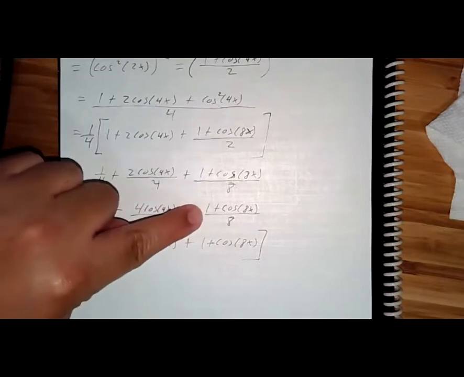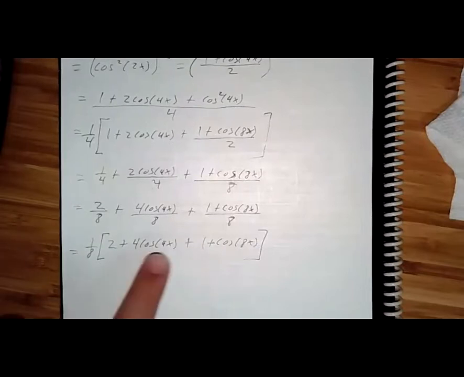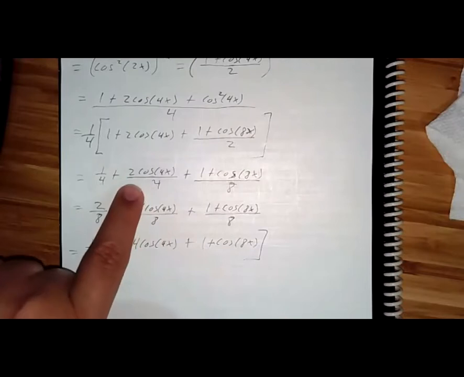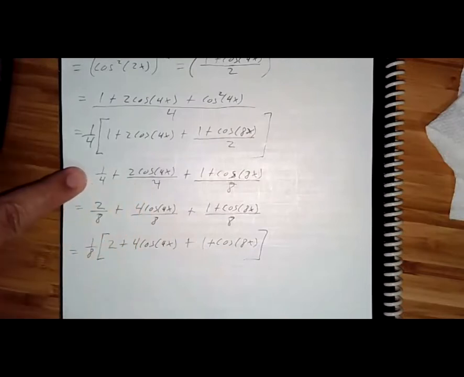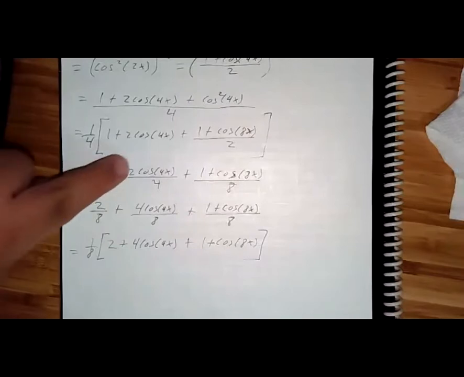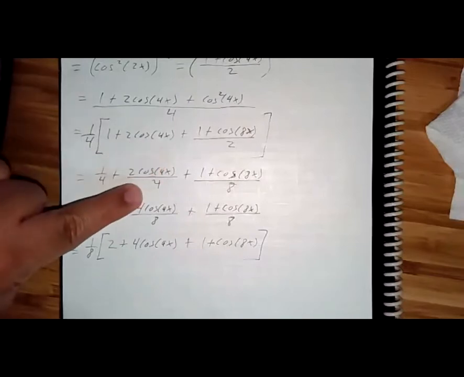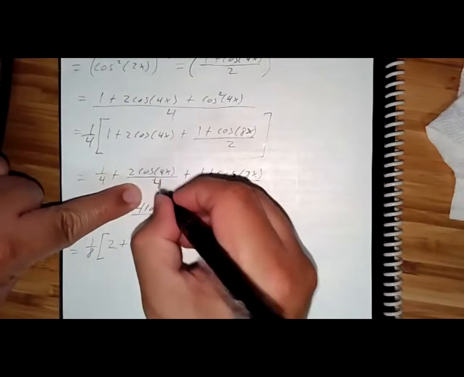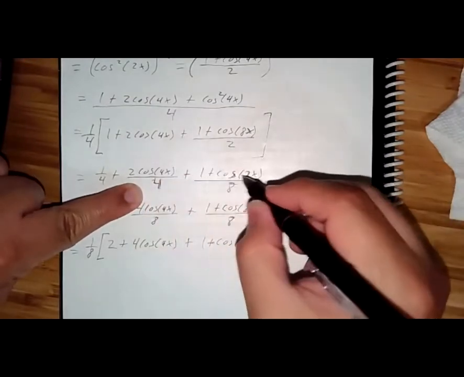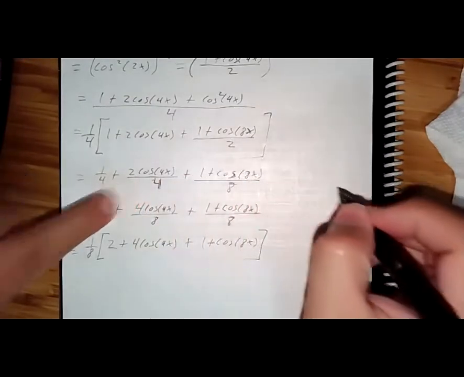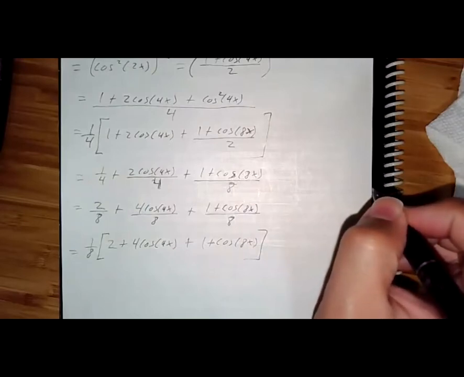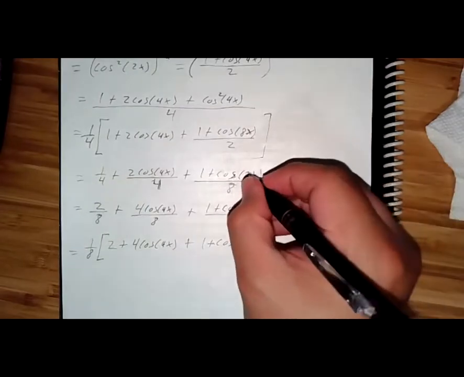Yeah, the 1/4, starting with the 1/4. This line says, last term. Yeah, 1/4 plus 2 cosine 4x over 4. It's a weird 4. Plus 1 plus cosine 8x over 8. Okay, that's an 8x. Thank you.